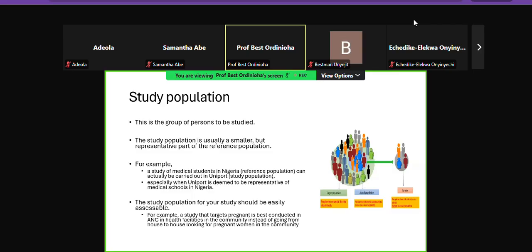Okay. So I want to also give you an example. If you are carrying out a study amongst married women in a community, you have to give us an idea of the kind of marriage the women in the community have.